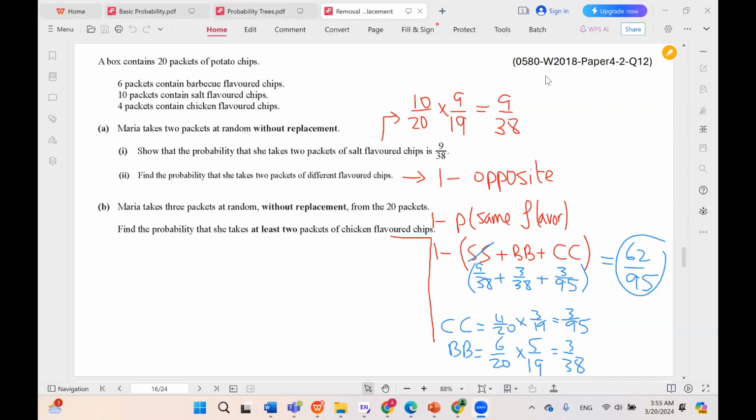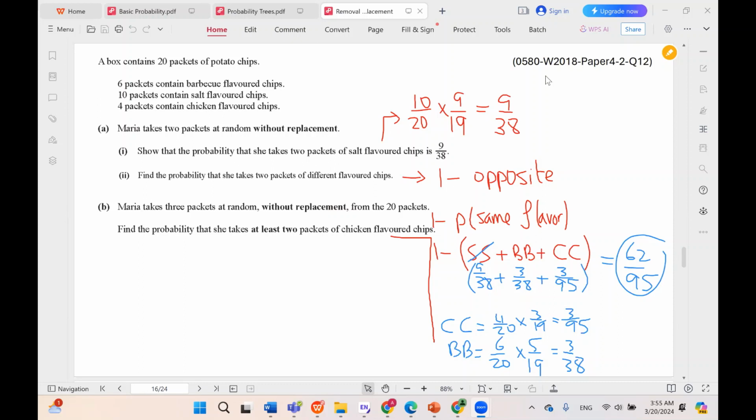In B, we are told Maria takes 3 packets at random without replacement from the 20 packets. Find the probability that she takes at least 2 packets of chicken flavored chips. So let's write down the scenarios that satisfy this requirement.